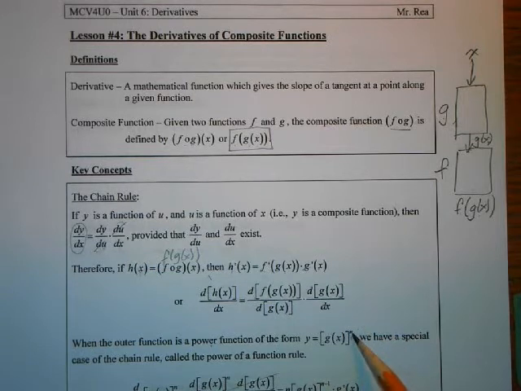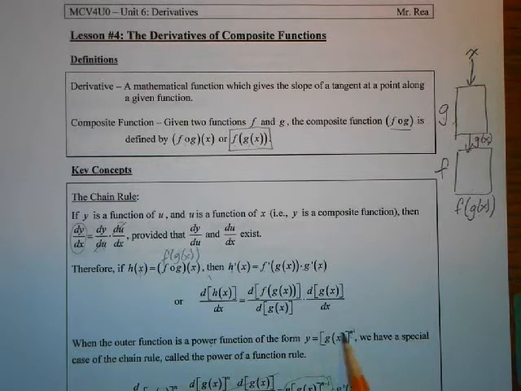So if we're taking the derivative of, say, g of x to the power n, so what we do is we just pretend this is just an x maybe. So that n, if it was just a power function, the n would come out front, and then multiply with g of x to the power n minus 1. So that's what really came from the polynomial rule.